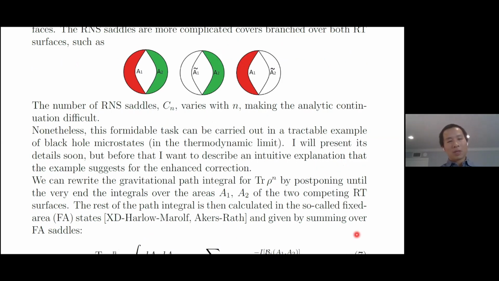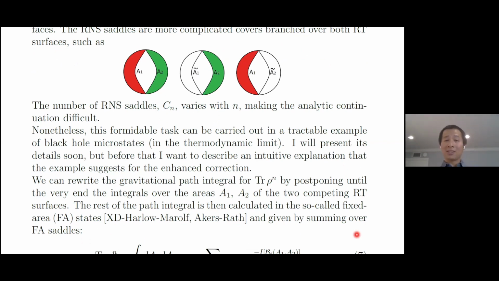The best way to see this correction is to rewrite the gravitational path integral by postponing until the very end the integrals over the areas A1 and A2. From now on, A1, A2 means the area of the two surfaces.